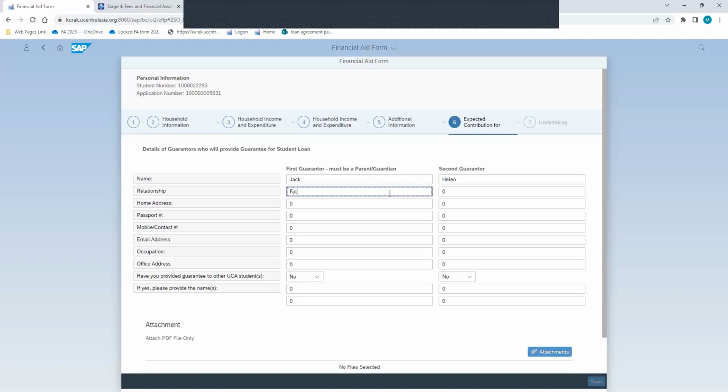So I'm filling all the details, very simple and fast, like what is the relationship. Home address was Ismail Samani Street, Dushanbe, etc.